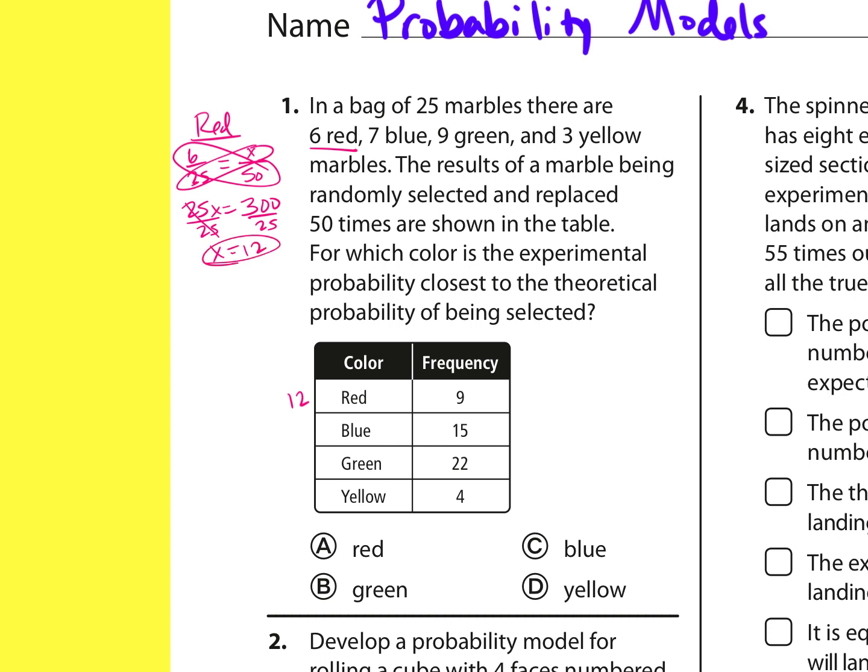Okay, now let's look at the 7 blue. For blue, we have 7 out of 25, which is x out of 50. We get 25x equals 350. Divide both sides by 25, and x is 14.